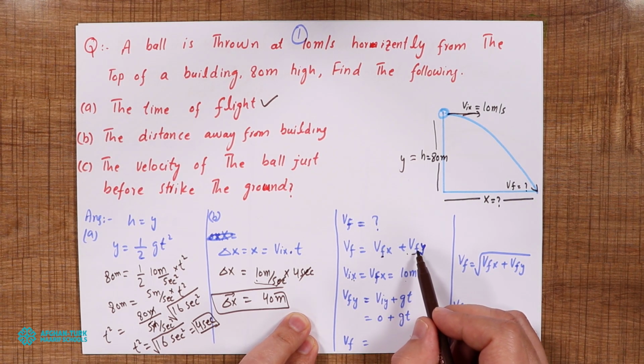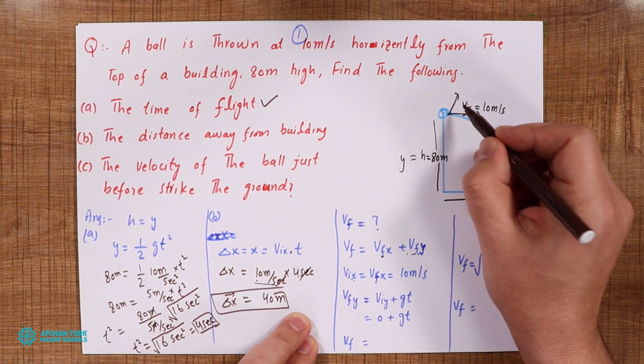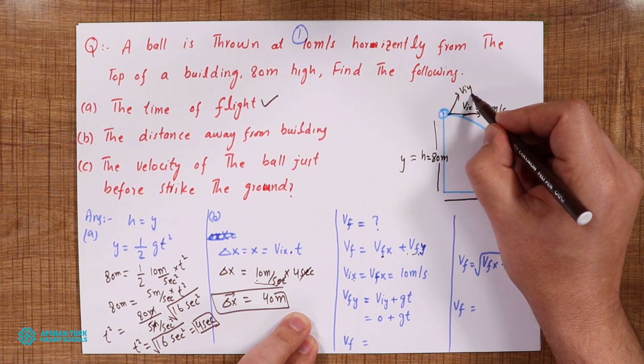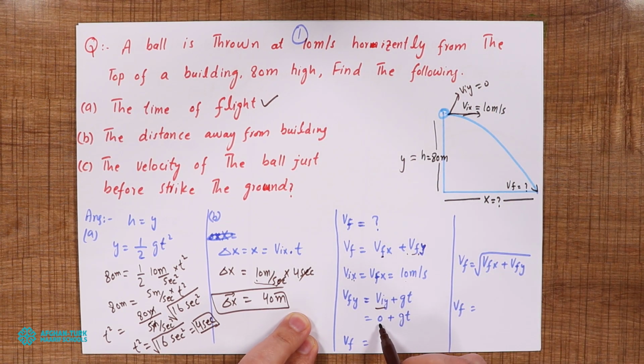On the other hand, for Vfy, if we put in the formula, in this case Viy, this part, is equal to 0. That's why I put 0, and it is multiplied by gt.